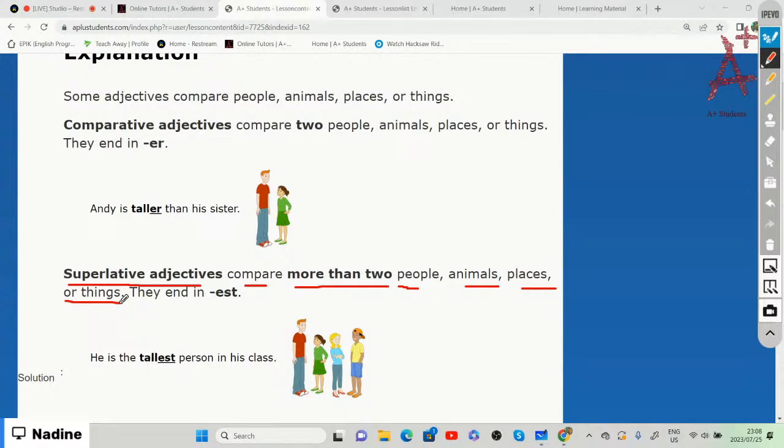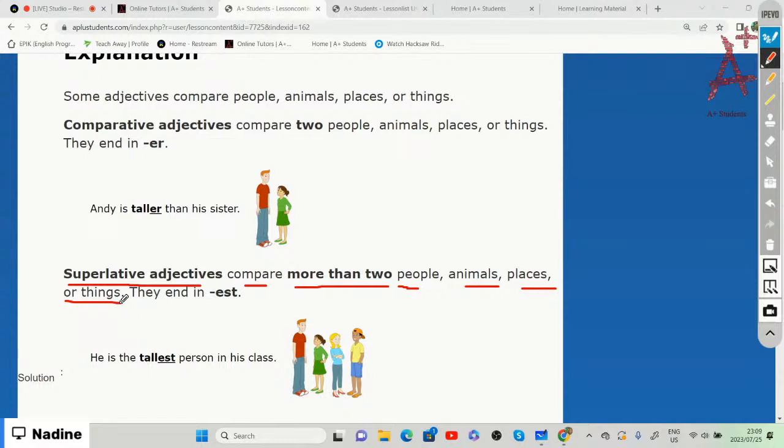If you were to compare yourself to the rest of the class, you can say that I am the smartest in class. Which means that you are not just comparing yourself to one person, you're comparing yourself to the whole class, or to a group of friends.